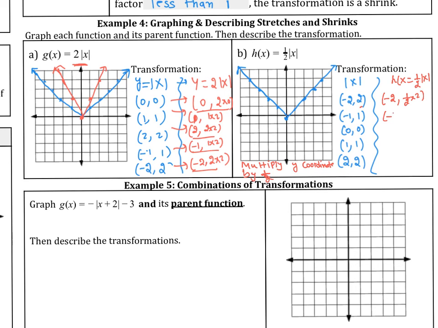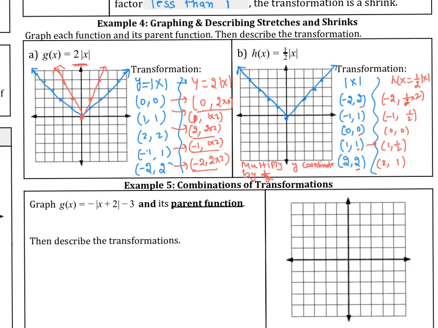And the next one is negative 1 comma half. The other one is 0 comma 0, because when you multiply 0 with any number, it's still 0. Next one is 1 comma, and when you multiply the y coordinate, that is 1, by half, you're going to get 1 over 2. And when you multiply this one by half, you're going to get 2 over 2, that is 1. Same thing as this one.